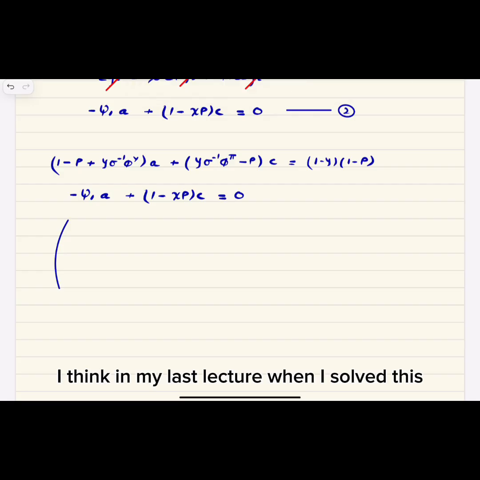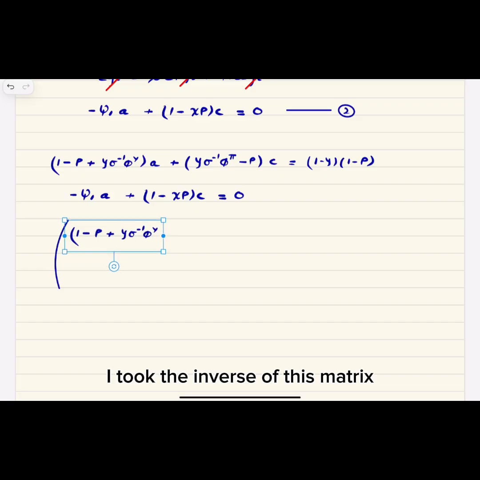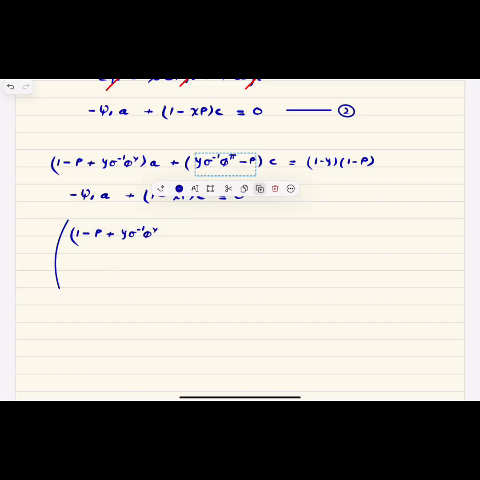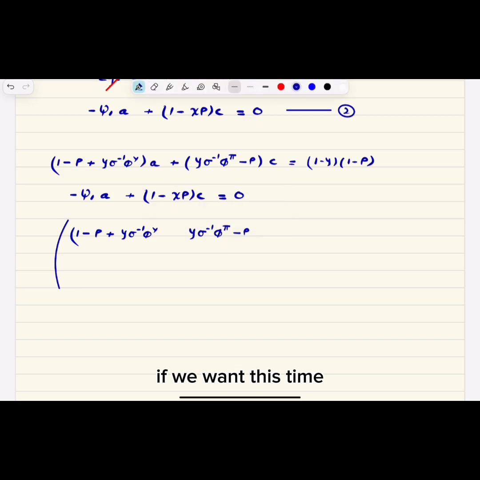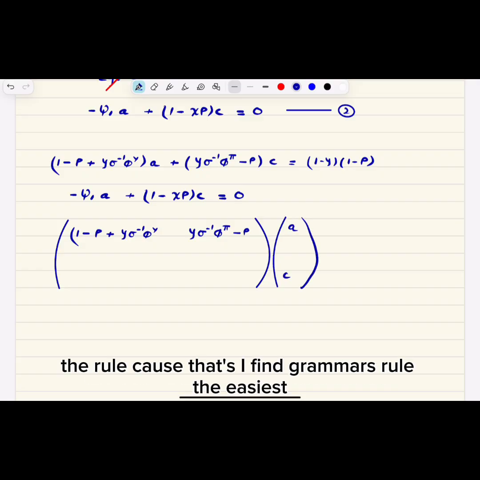I think in my last lecture when I solved this, I took the inverse of this matrix, but this time I can actually use Cramer's rule, because I find Cramer's rule the easiest.